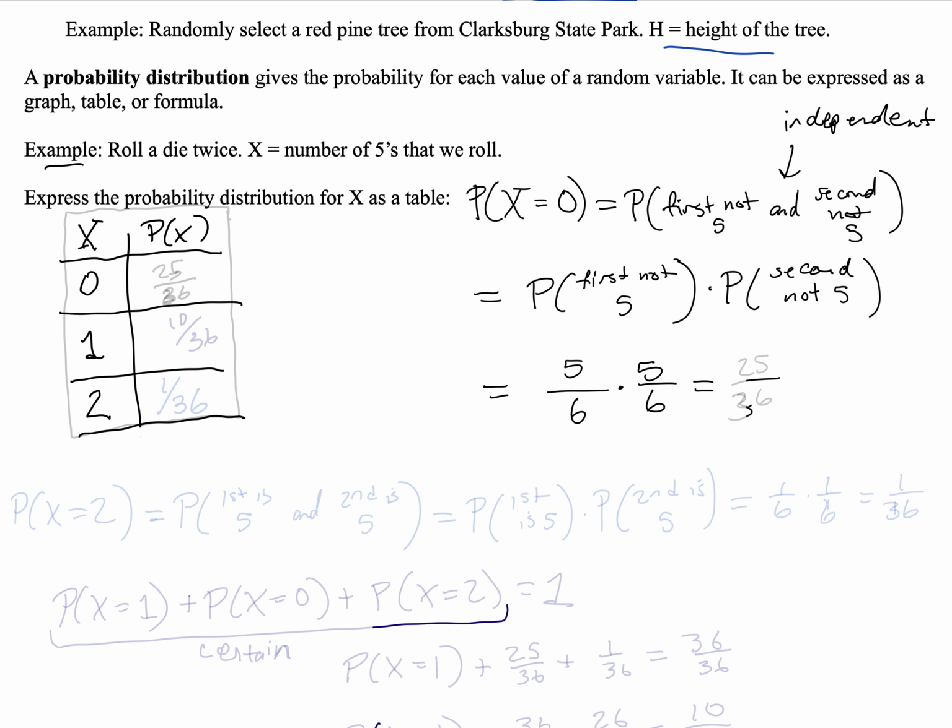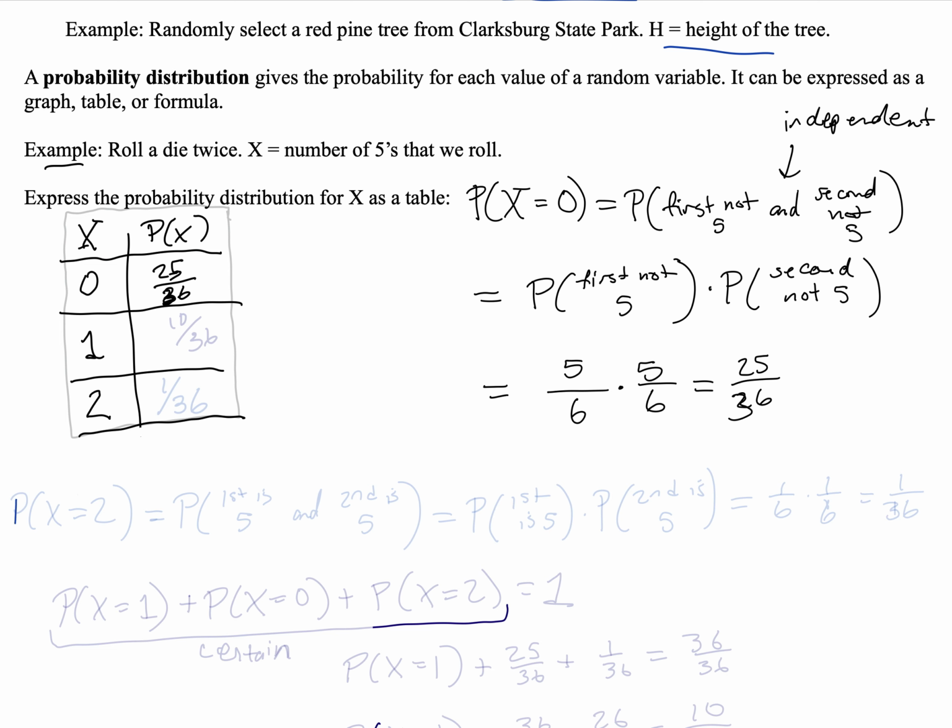So 5/6 times 5/6, we multiply across the numerators, multiply across the denominators, we get 25 out of 36, sorry about that, 25 out of 36 is the probability that our random variable X is equal to 0, that neither of the 2 dice showed a 5.